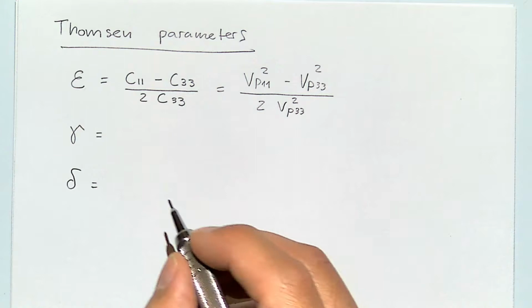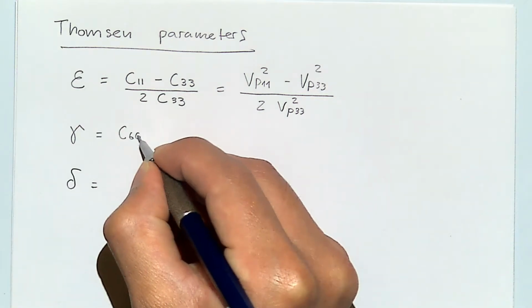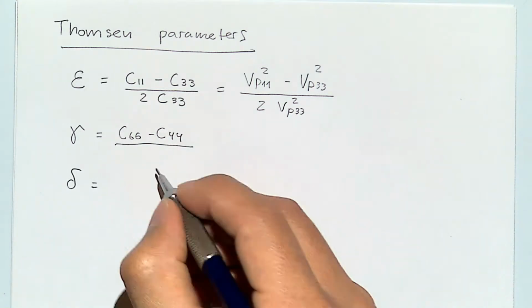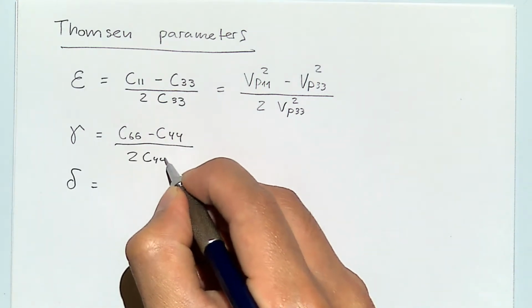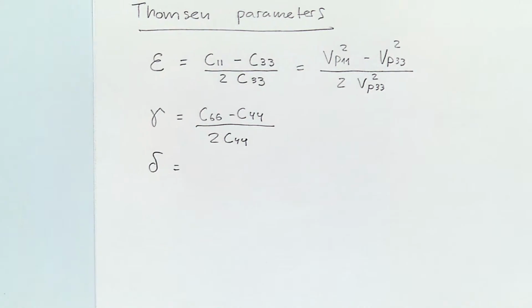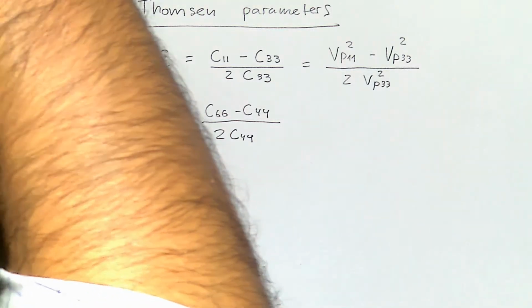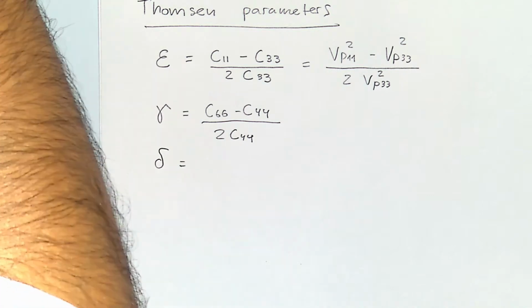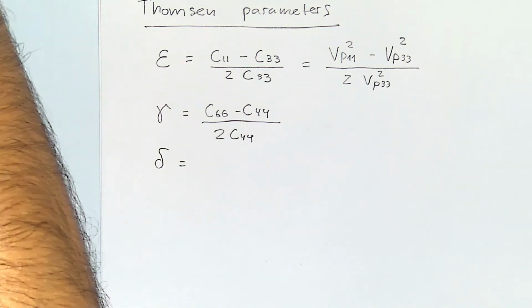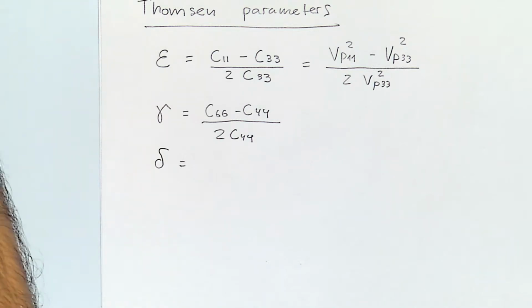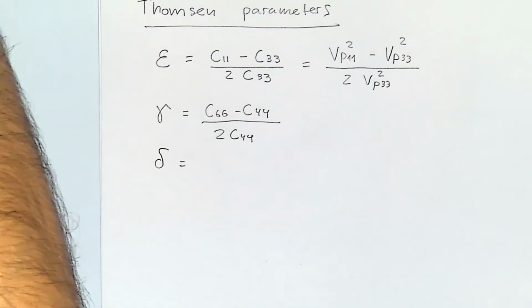The second Thomsen parameter is written like this, and you tell me what it means physically. What do you think it is trying to quantify? Shear, yeah, which shear?